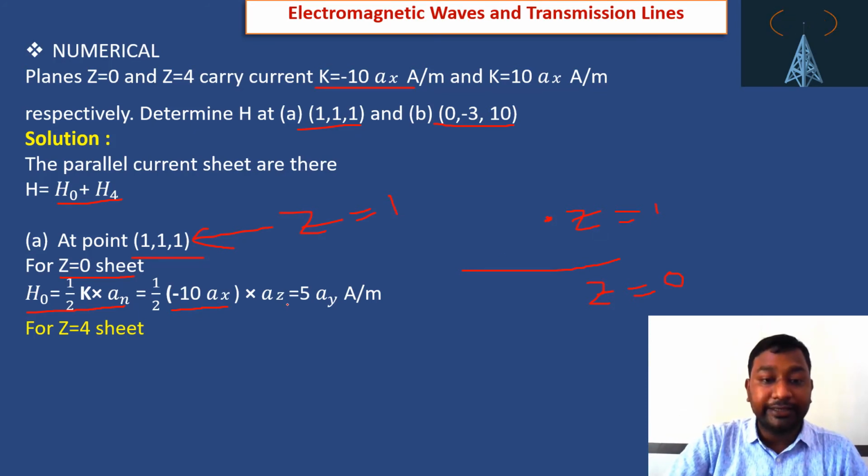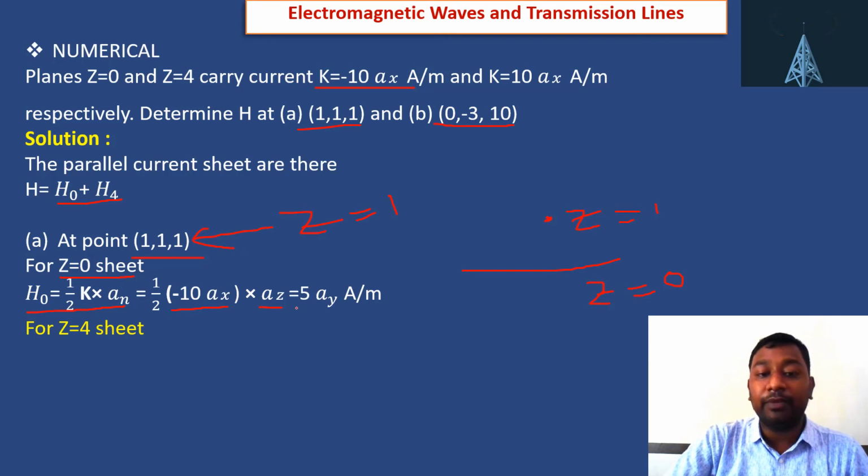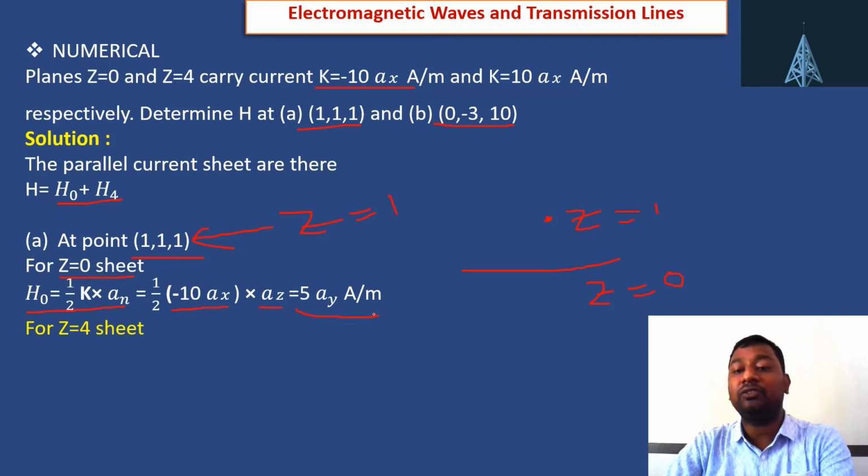That's why a z is positive. Now if you multiply a x into a z, we get minus a y, since the cross product of x and z is minus y. This minus and minus give positive, so we get 5 a y ampere per meter. Now we consider the z equals 4 sheet.